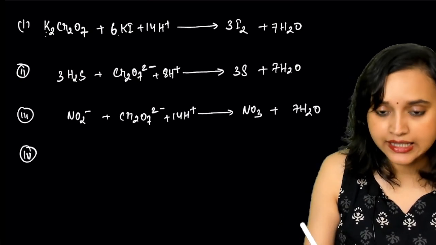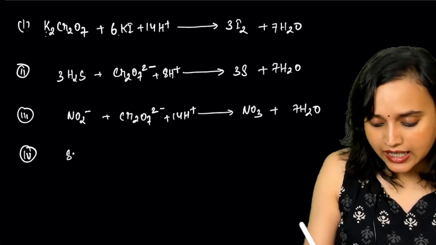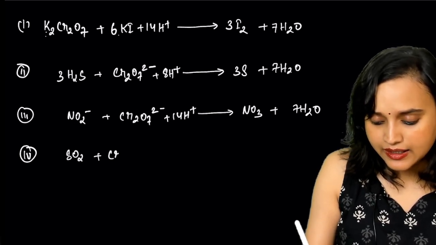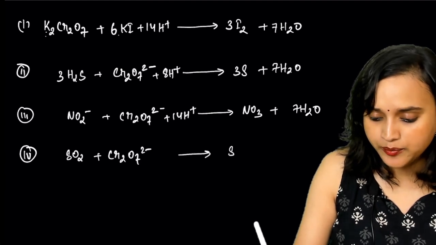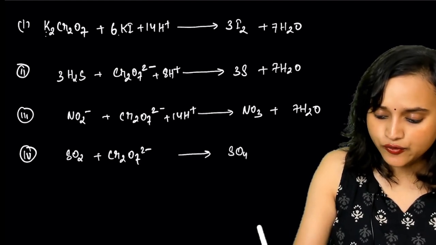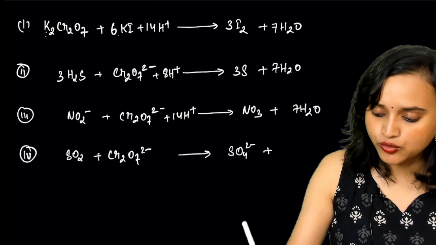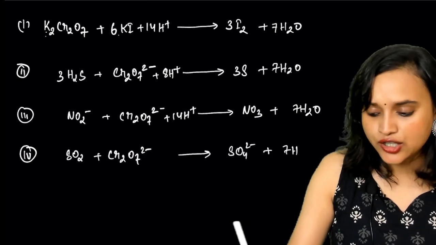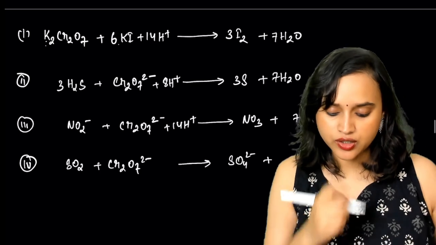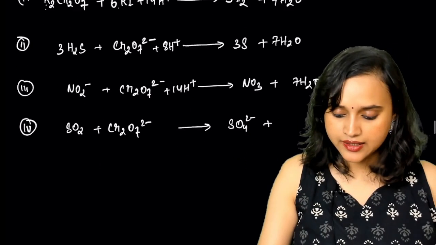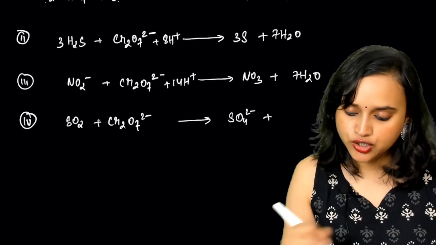SO2 to sulfuric acid. Yes, SO2. Let's take SO2 plus Cr2O7 2 minus, and this is going to form sulfuric acid. So SO4 2 minus plus 7H2O. Instead of writing 7H2O, we also know that there will be H2SO4.